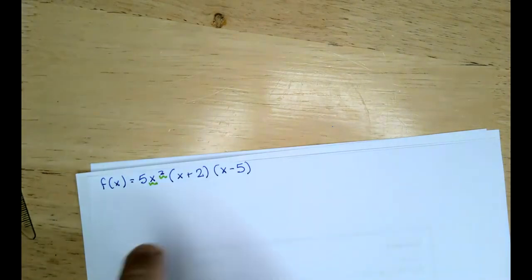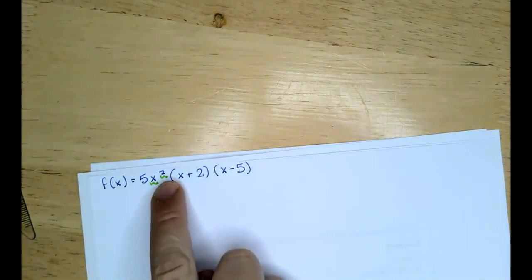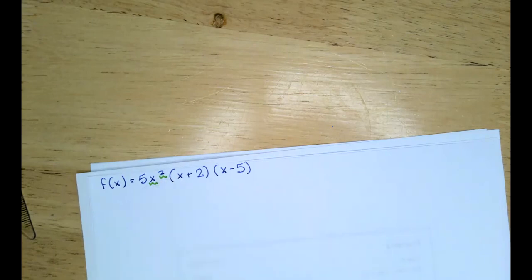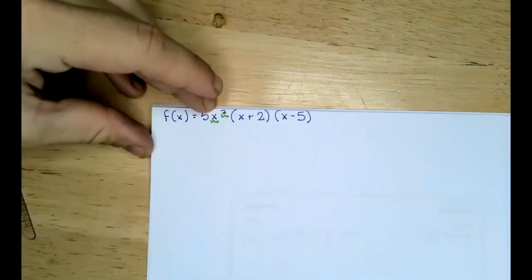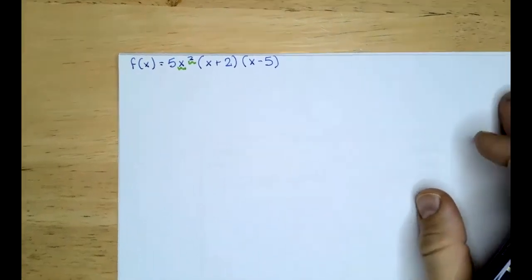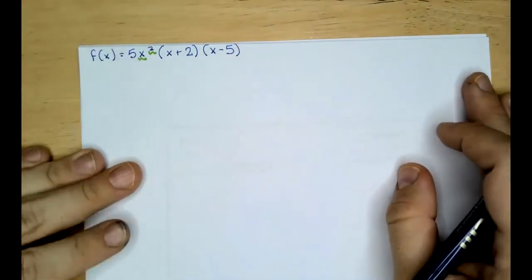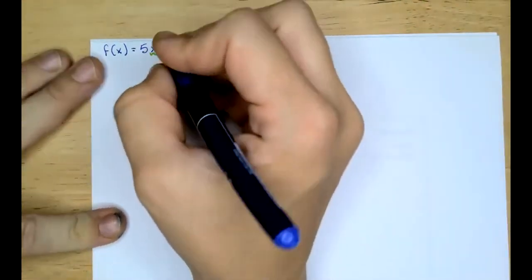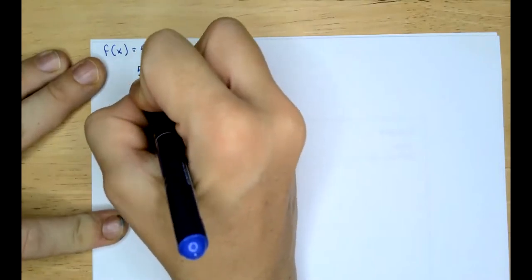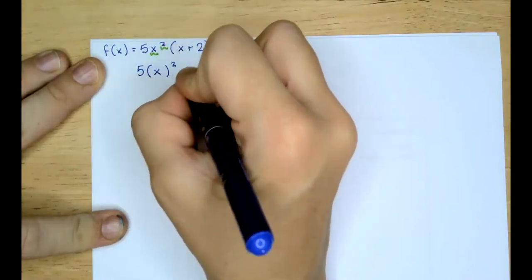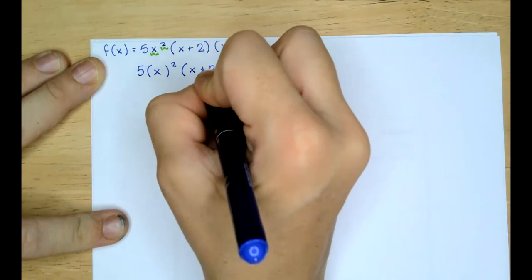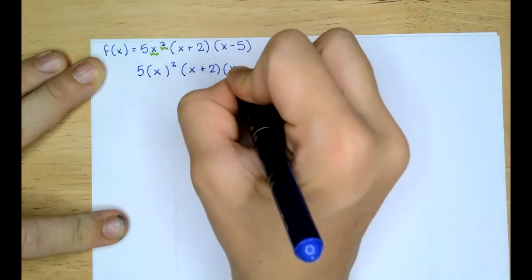Unless it has parentheses, that squared only applies to the x. So I'm going to separate it from the 5. I'm going to rewrite it as 5 x squared times x plus 2 times x minus 5.